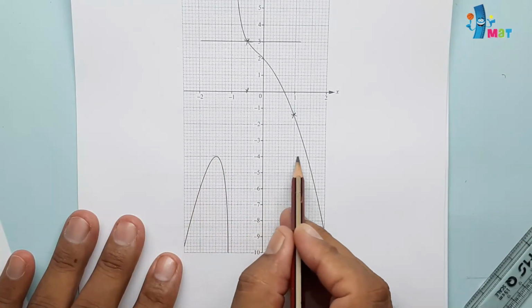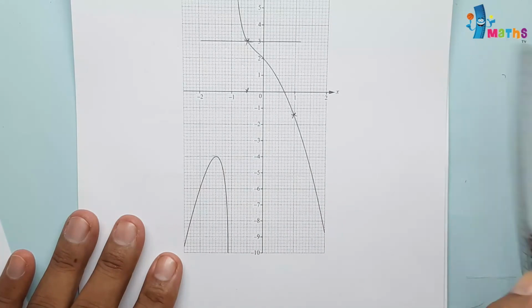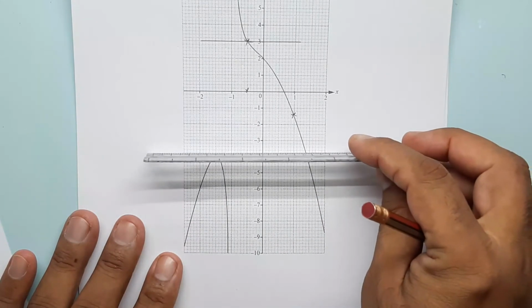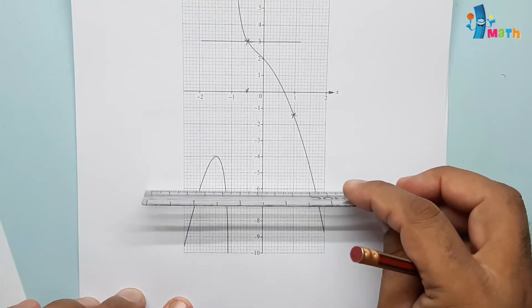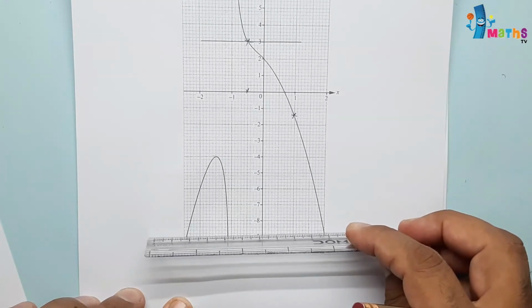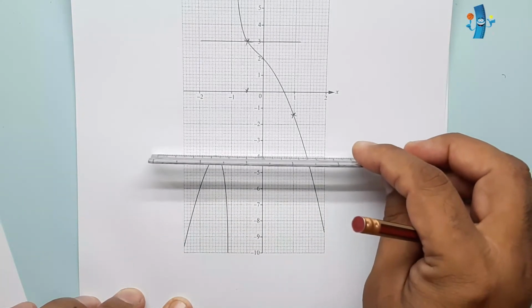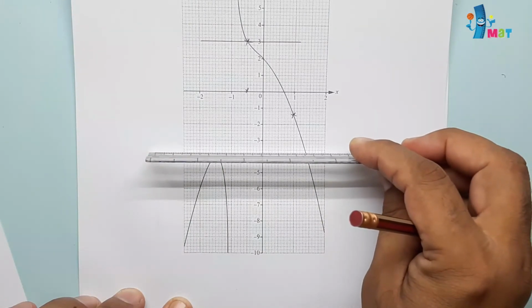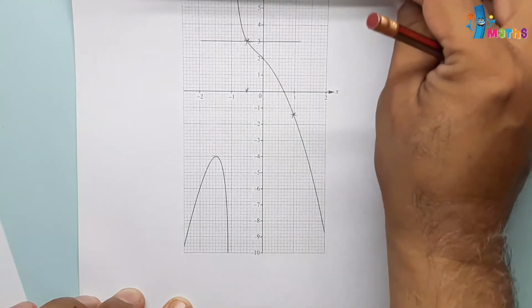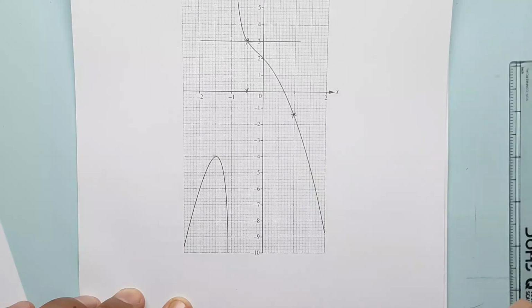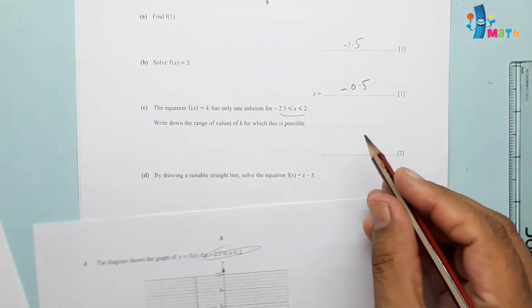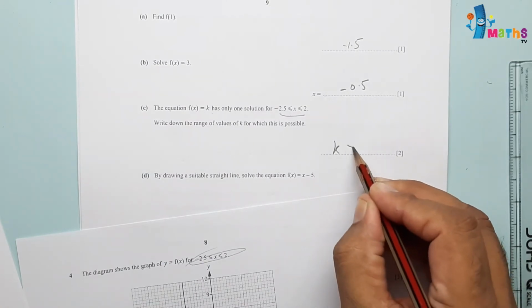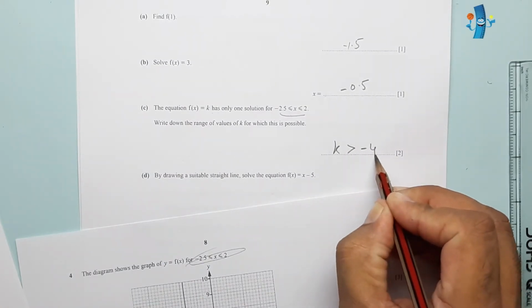Below this point, if we draw any line lesser than minus 4, it will be intersecting the curve at 3 points. So above minus 4, above this point, there will be only one solution. It will be intersecting at one point. So k should be greater than minus 4.